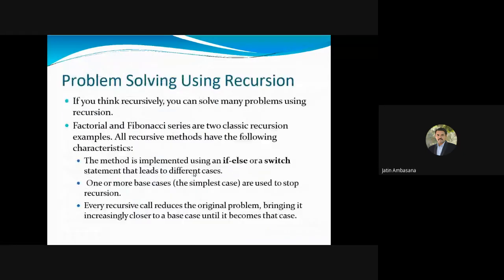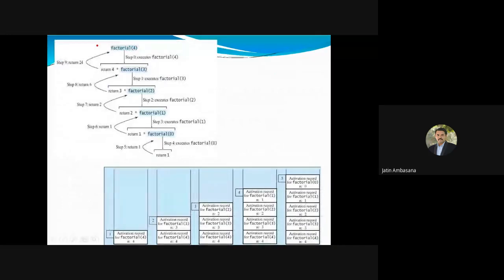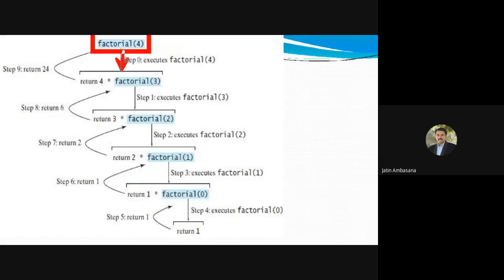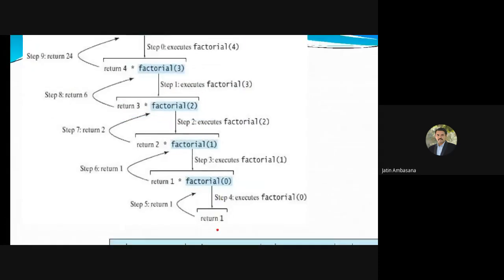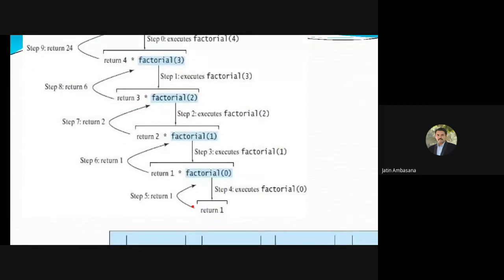So see over here in the factorial example, what happens? You call factorial 4, right? Control gets transferred. Now there is some more code to it where it recursively calls factorial 3. So this factorial 3 transfers the call. But when this particular call returns a value, that value has to be multiplied by this 4. So one multiplication operation is remaining over here, right? So you can see whenever this returns 1, there is one multiplication operation.